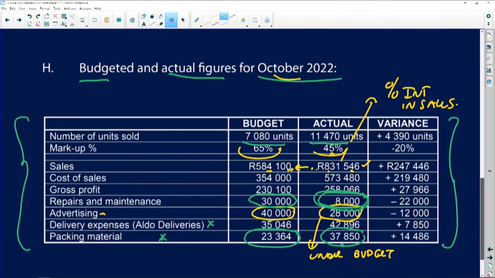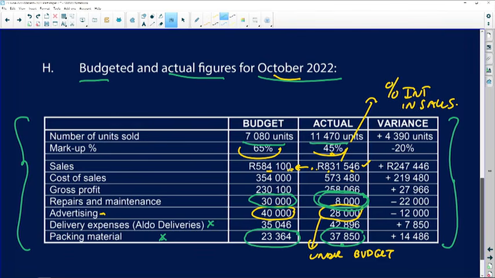Let me just make sure I'm using the correct terminology. Remember, guys, when we're talking about cash budgets, we're referring to payments and receipts. When we're talking about the projected income statement, we're referring to expenses and income. So in this case, yes, it's a payment, not an expense.